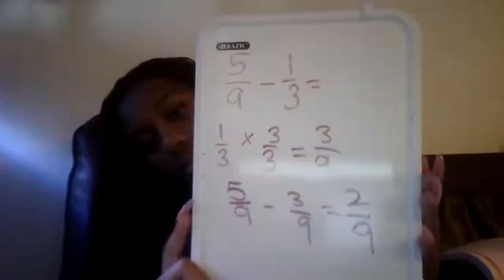The answer is going to be 5 take away 3 is 2. Carry over the 9. And the answer is 2/9.